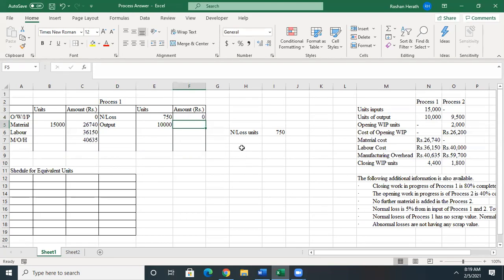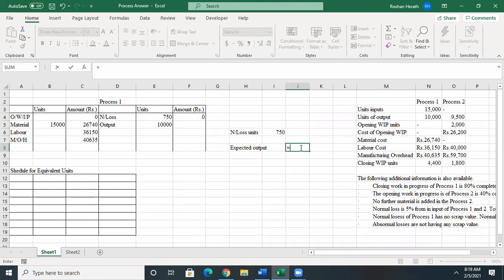Then what is the expected output? So if you have to take the expected output, in the process you would have expected an output of 14,250. But eventually what it has resulted, let's see, even the closing WIP is there, 4,400 closing WIP.